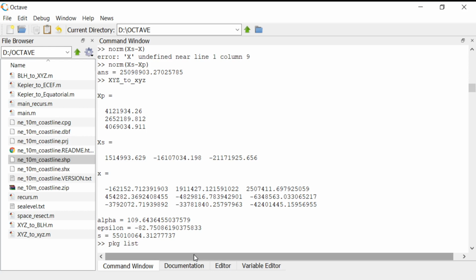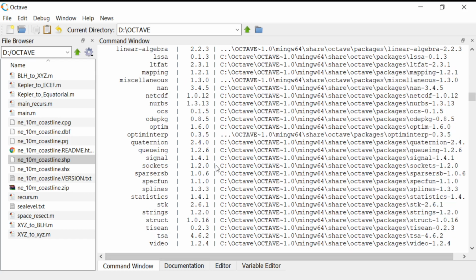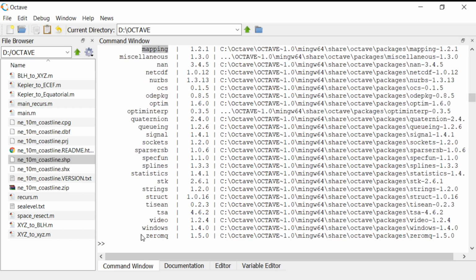This is pkg list, and you see here we will use the mapping function, which is already installed in our program system, but now we need to load it. For this purpose, pkg load mapping, so that I can use the functions of this mapping library.